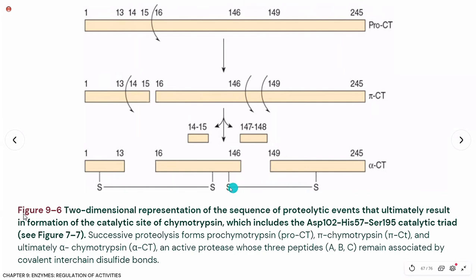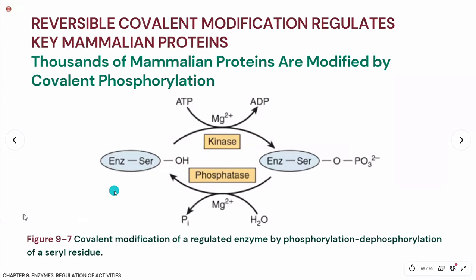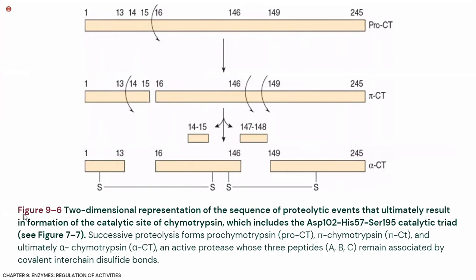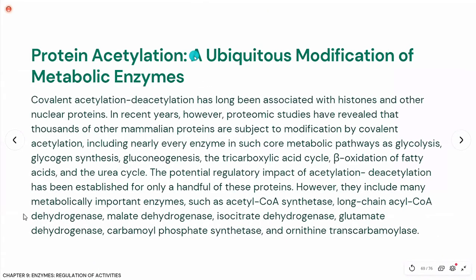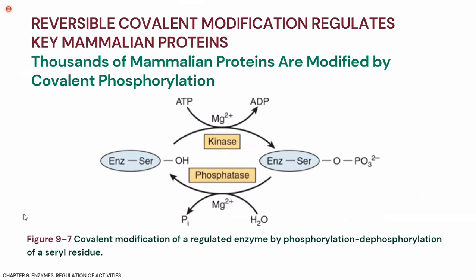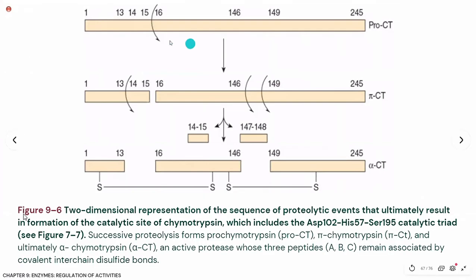So this is the active chymotrypsin. Several cleavages are performed before it is activated. So how many cleavages do we have? 1, 2, 3.